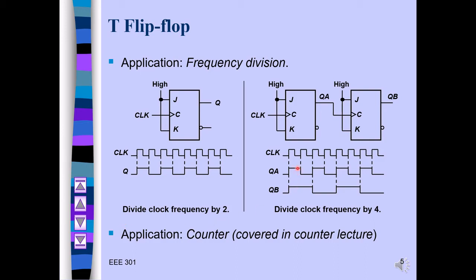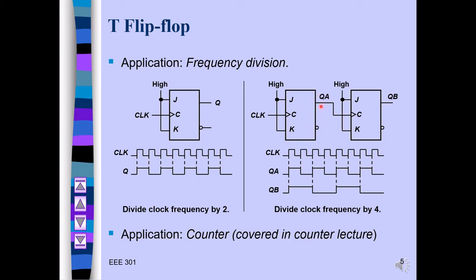If you look at here, this is again two T flip-flops cascaded together, but the important thing is that this T flip-flop's output is working as the clock for this one. That's why your clock frequency got divided by 4. If you look at here, this is your clock, and QA is the output of this one.